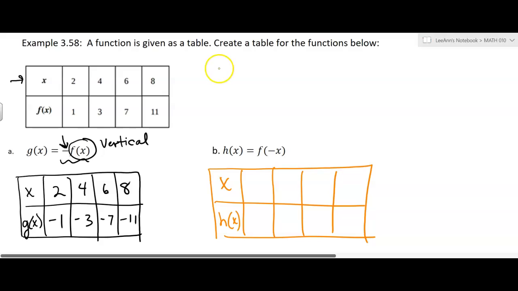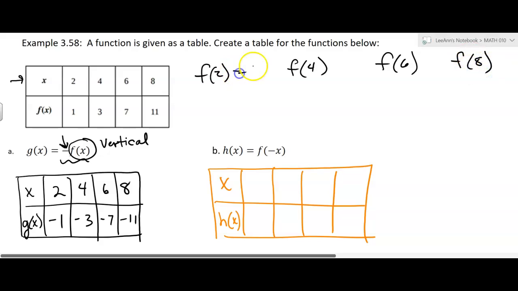I only know, like from the original graph, I only know f of 2, f of 4, f of 6. We did this before in another video, and f of 8. I know those outputs. F of 2 is 1, f of 4 is 3, f of 6 is 7, and these are equal signs, f of 8 is 11.